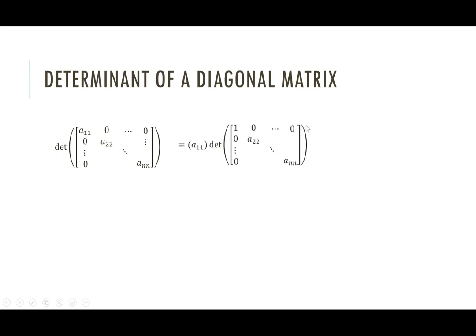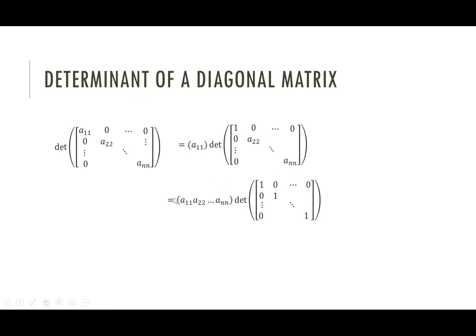We can factor out from the row because it's linear in the first row. But similarly, next we can factor out A22 from the second row because it's linear in the second row also. And so forth, we just factor out each coefficient from each row.